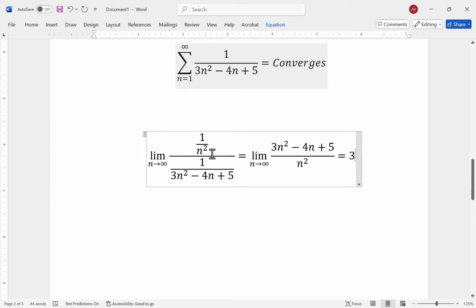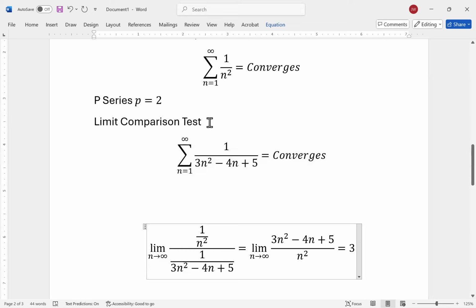So the ratio between the terms in one series and terms in another series as n goes to infinity is equal to 3. And that shows I could have used my limit comparison test.